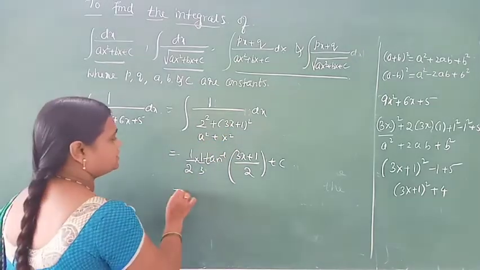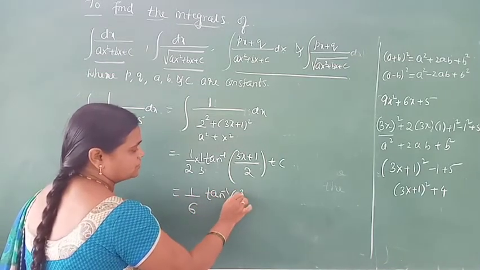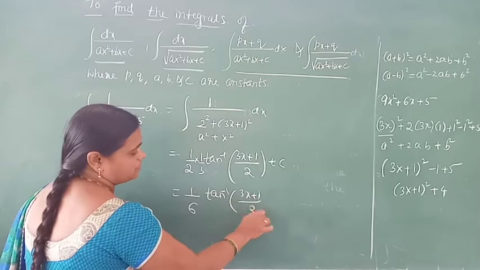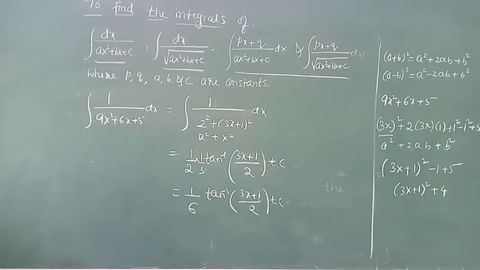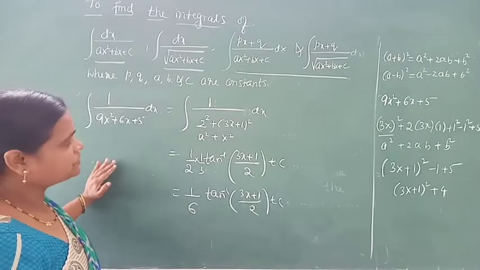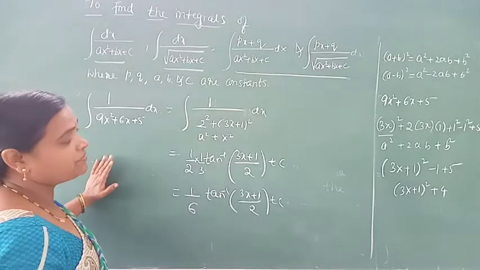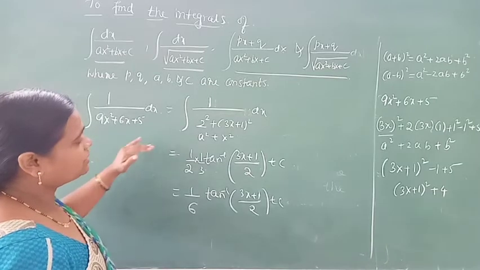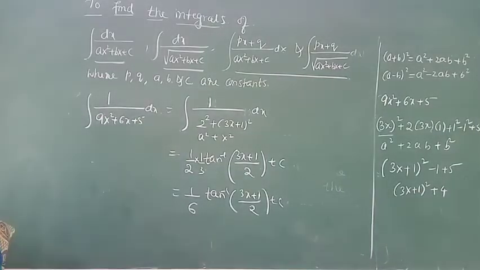So we get this in the form of 1 by 6 tan inverse of (3x plus 1) divided by 2 plus c. The given example we have to convert by the perfect square method, by simplification of perfect square, into the standard form. That standard form we are applying.